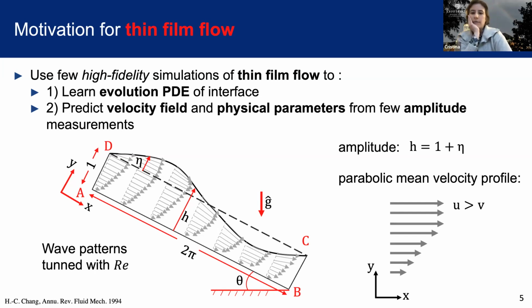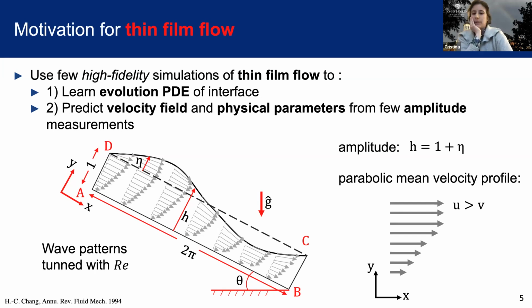And the data-driven workflow works such that we use the Navier-Stokes simulations, from solving Navier-Stokes, and we learn data-driven models that can accurately describe the flow dynamics. These are models for the amplitude of the wave, one-dimensional models.